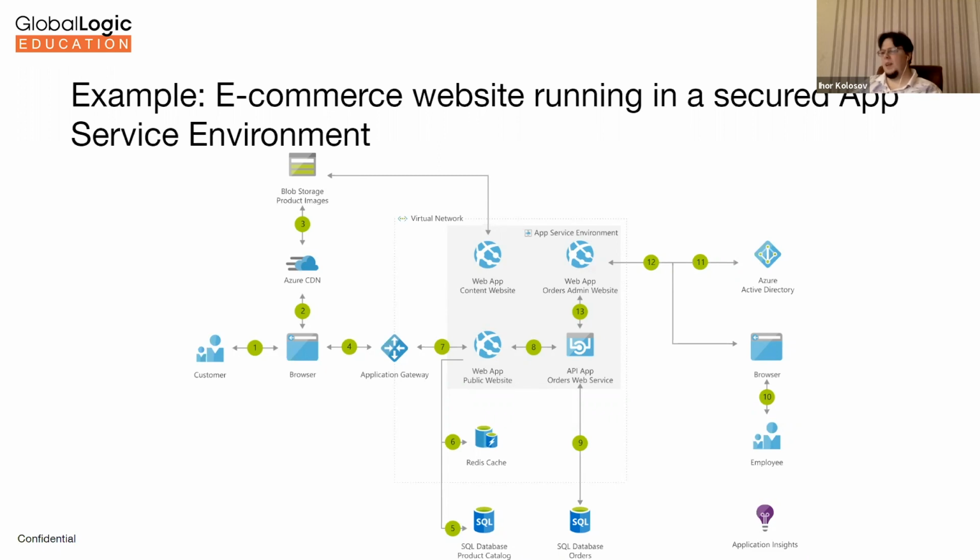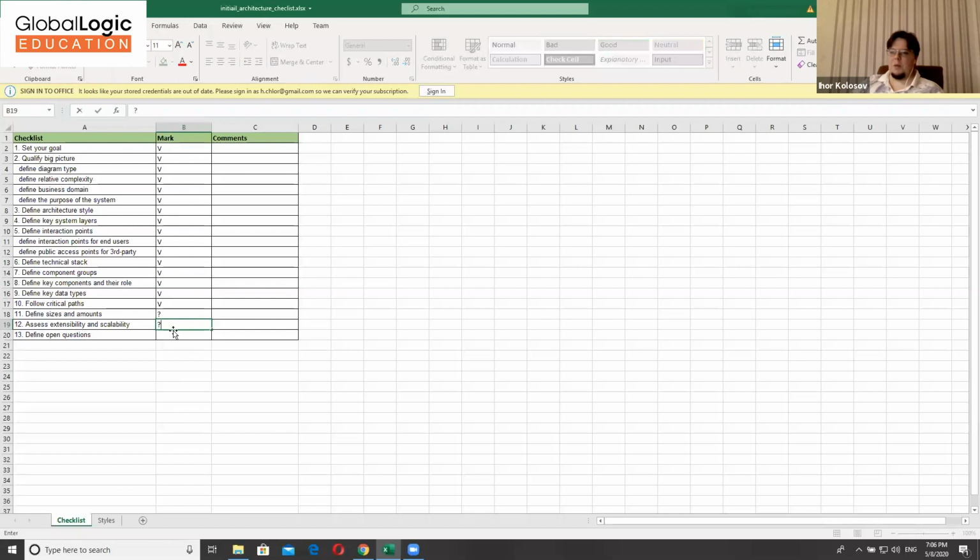So probably in the initial version of this solution, it is not very scalable. It is probably a good question to ask your architect here. And then I'll summarize general questions which appeared during my initial analysis.